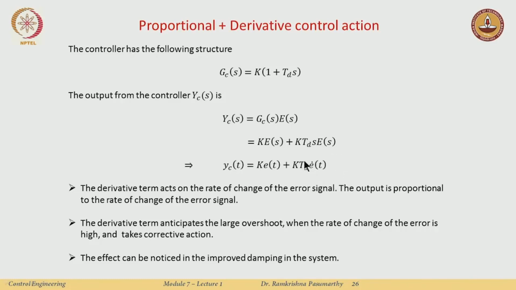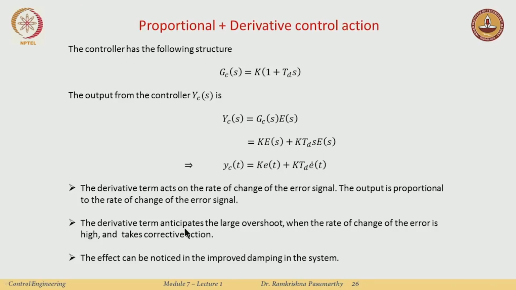We saw this while we were discussing the effect of adding a 0. This is actually like adding a 0 to the system. So, you have the error and the derivative of the error also. The output, which was earlier in the case of proportional control only dependent on the error, is now also proportional to the rate of the error change, e dot of t.